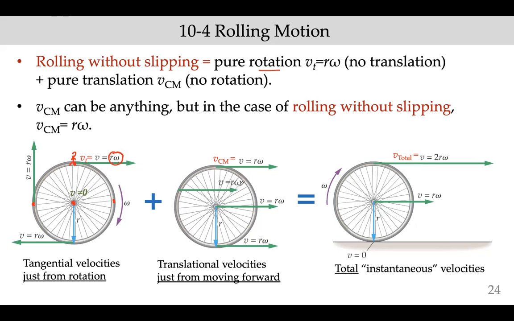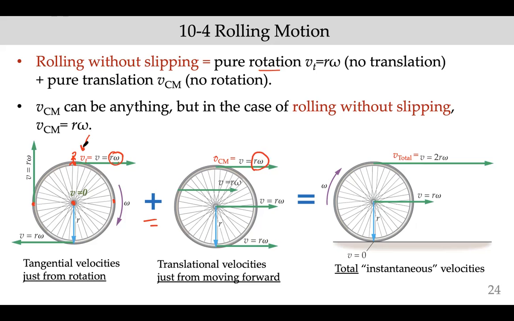Now, what about the translation? Well, now we are considering pure translation, no rotation here, and then we will combine them. Translation means if rolling without slipping is satisfied, then the VCM, the center of mass motion as a whole, is also equal to r times omega.